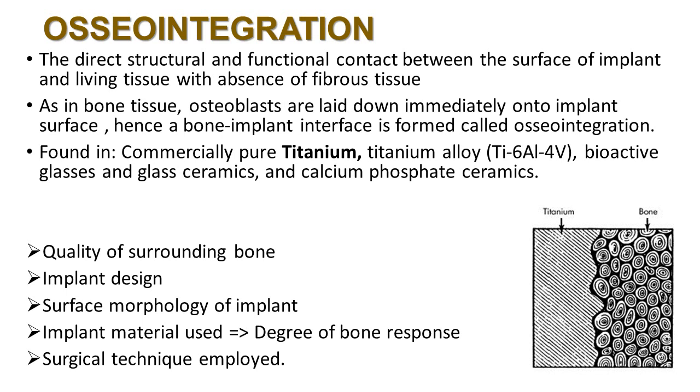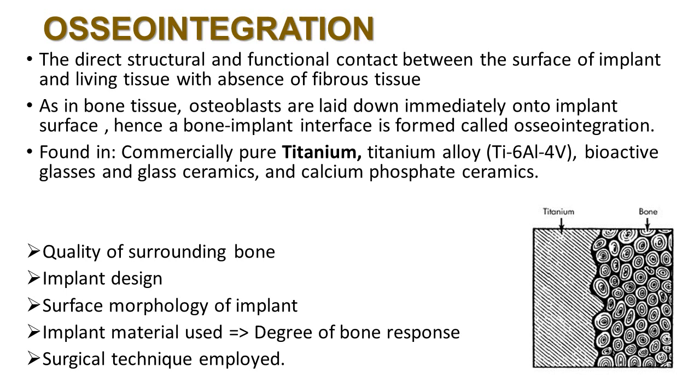As you all know, normal or physiological wound healing involves the formation of a fibrous tissue, but in the case of osteointegration, the interface we achieve between the bone and the implant is free of any kind of fibrous tissue or collagen, and it is a direct structural and functional contact between the surface of the implant and the bone. As you can see from the picture, there is no fibrous tissue in between.